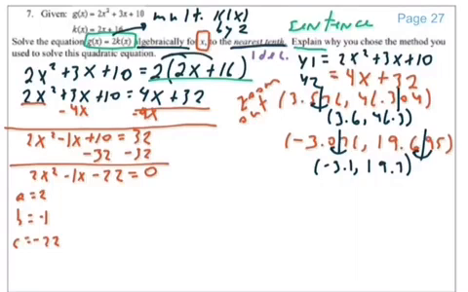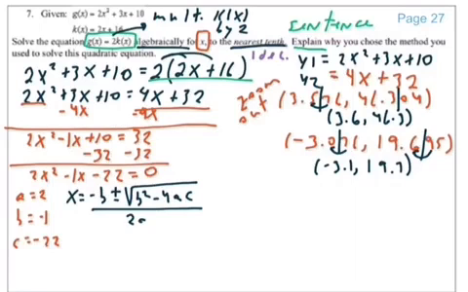The quadratic formula is x equals -b plus or minus the square root of b squared minus 4ac all over 2a. So when you plug in the numbers, the opposite of b, or -b, means take the opposite of b. So in this case, it'll be a +1 plus or minus the square root.